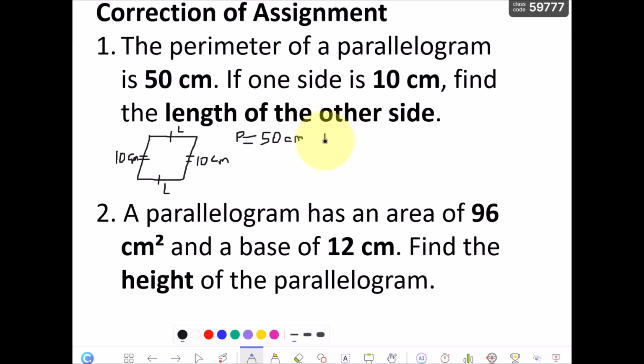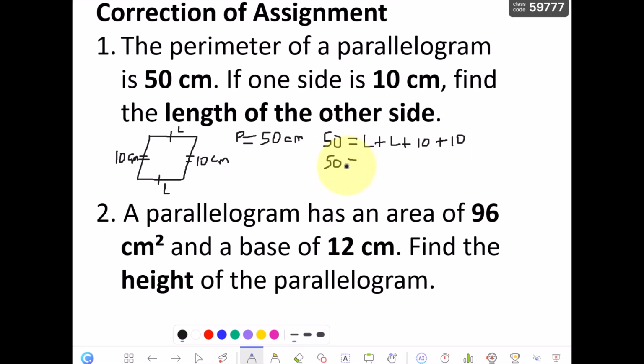So if you start from the perimeter is 50. Remember the formula of perimeter. We say add all the lengths of the sides, which is length 1 plus length 2, L plus L, then 10 plus 10. So this is the formula of perimeter. By the time you add all the lengths, you collect your like terms and your work will be over.